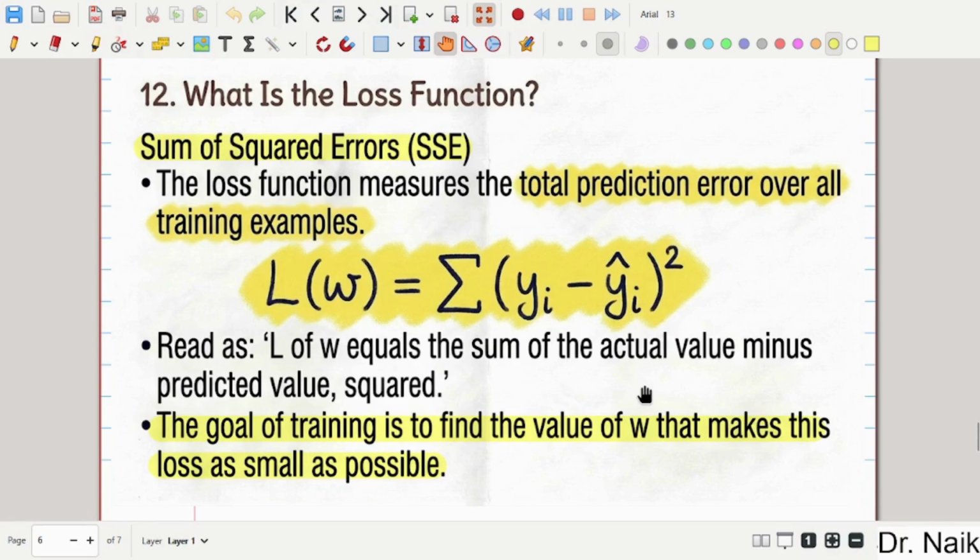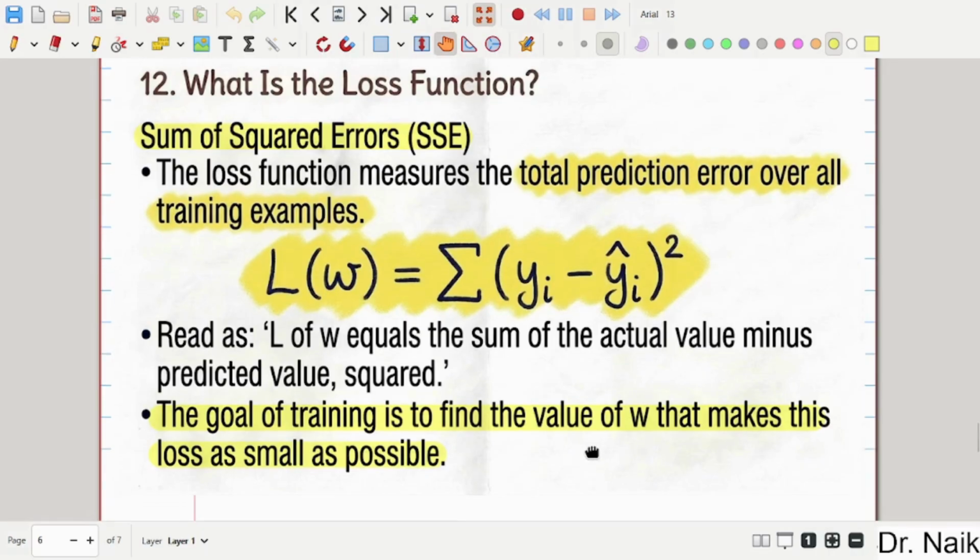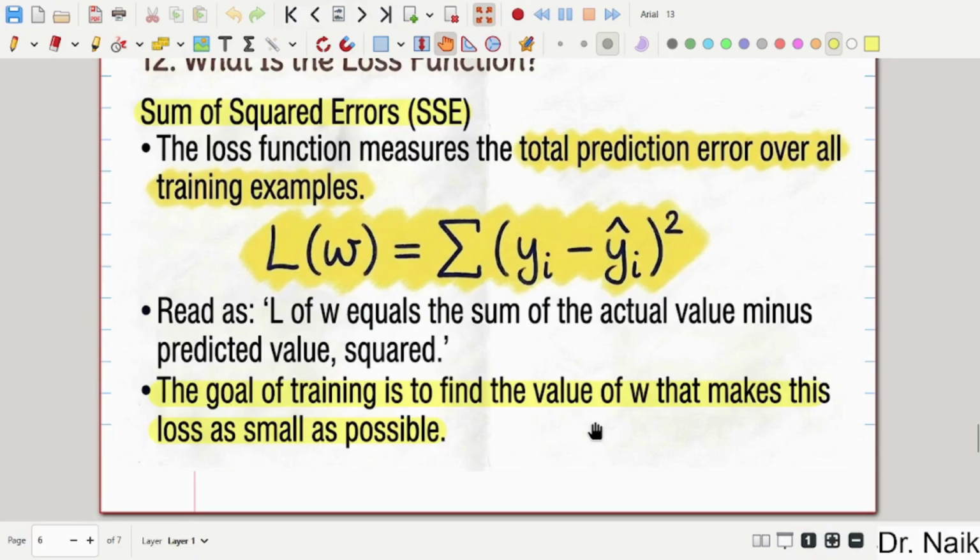The goal of the training is to find the values of W that make this loss as small as possible.